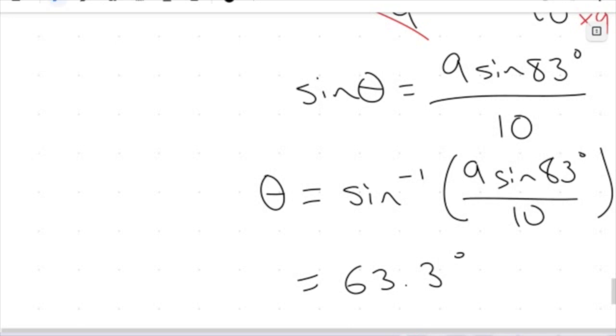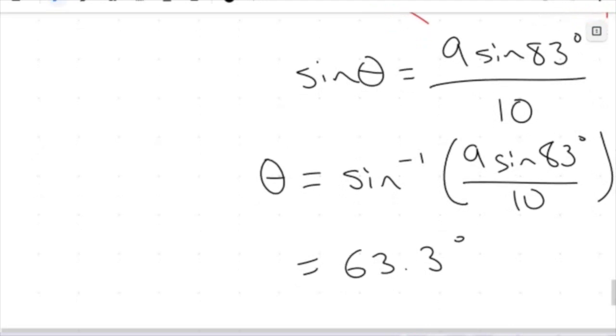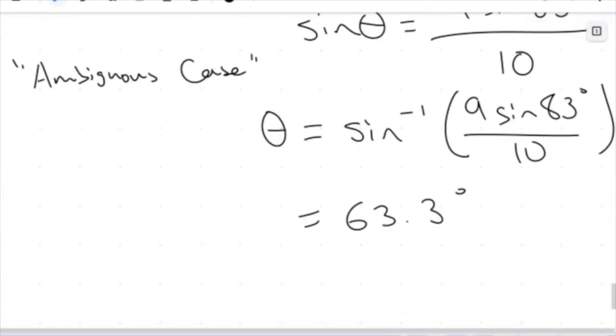Something weird happens with the sine rule, and this is what's called the ambiguous case. We're going to talk about this a lot in later trigonometry, but it's not as relevant to this question, but we're going to test this out for this question and the following one as well.